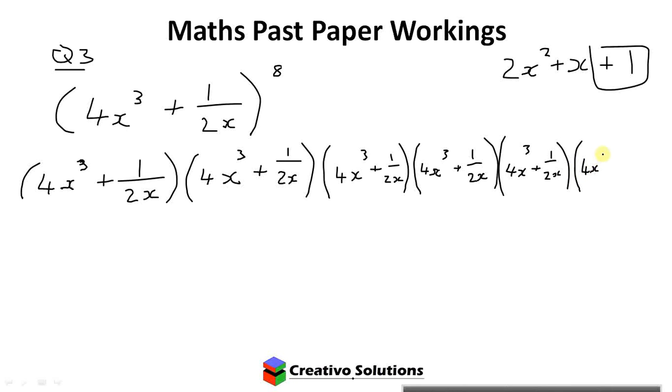So must I also write out 8? Yes, of course. You need the question before you do the answer, so show all the steps. I'm just writing down 8 of them, that's all I'm doing.